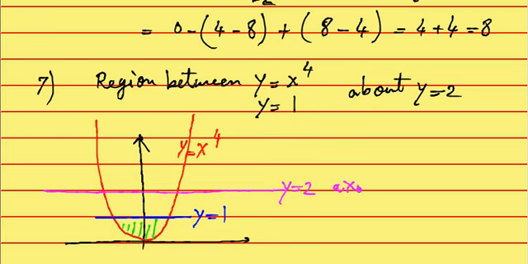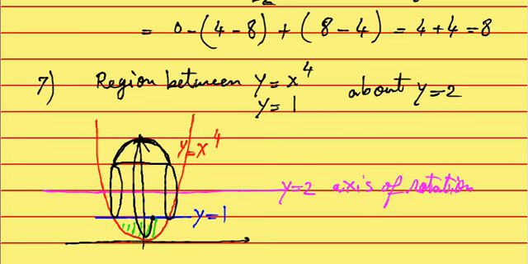This is the axis of rotation. So we're taking this picture and turning it, and we get a shape more or less like that.